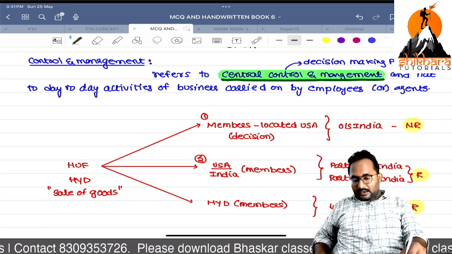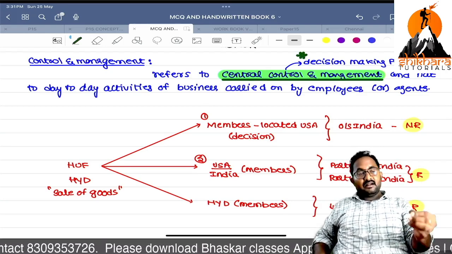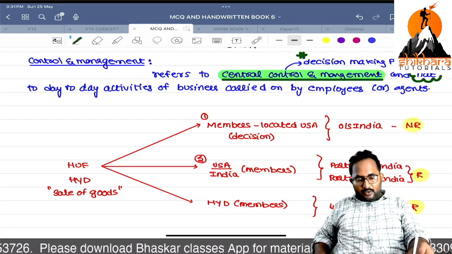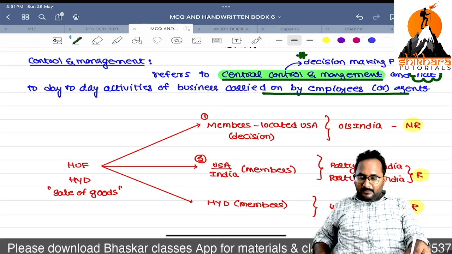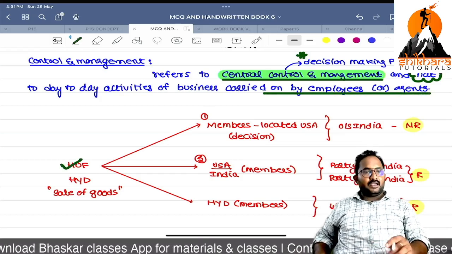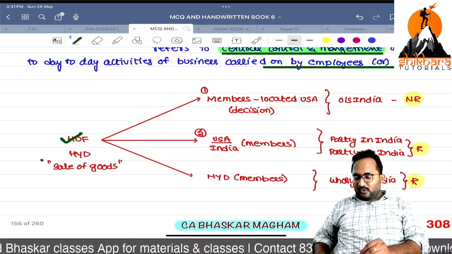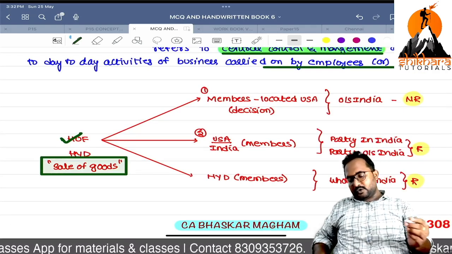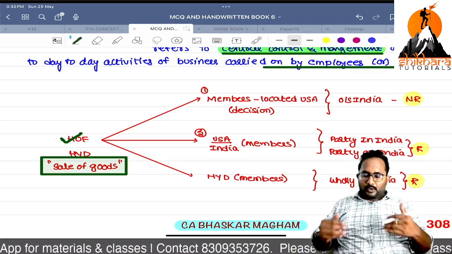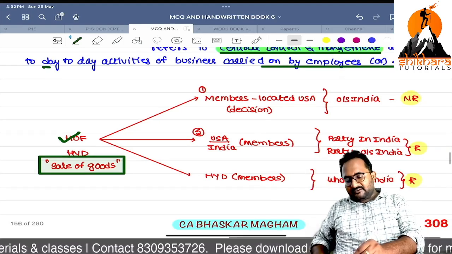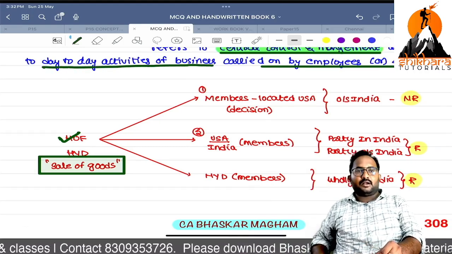That means central control and management is the decision making place, not the place where day-to-day activities are carried out, or where employees or agents work. Example, HUF is selling goods at Hyderabad. Can you directly say the HUF control and management is in Hyderabad? No. Employees or agents work in Hyderabad, and day-to-day activities are carried out at Hyderabad. That is not control and management.